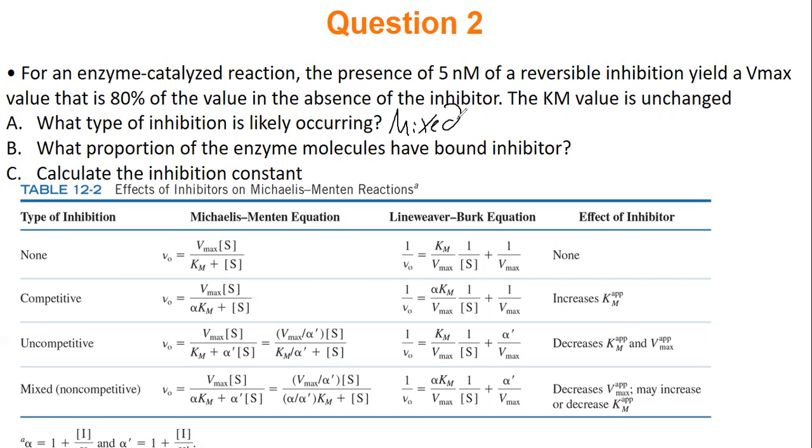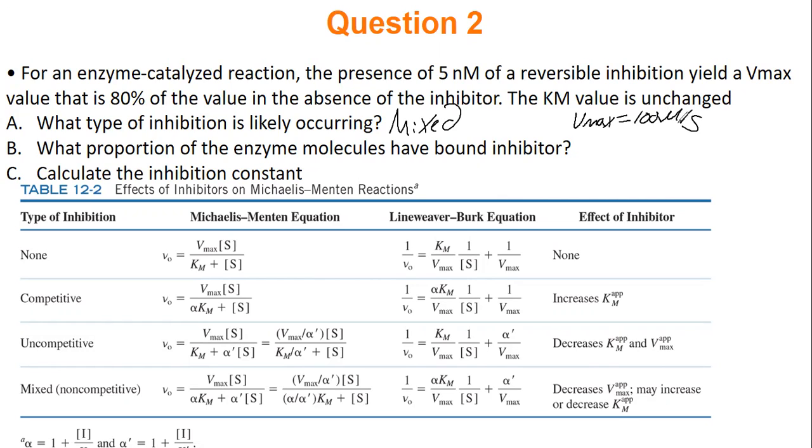So next question. What proportion of the enzyme molecules are bound, right? So I'm going 80% of my maximum speed. So let's say normally my Vmax is 100 molar per second. It doesn't matter what that number is. I'm just randomly assigning a Vmax, and that is a valuable skill that's hard to get.